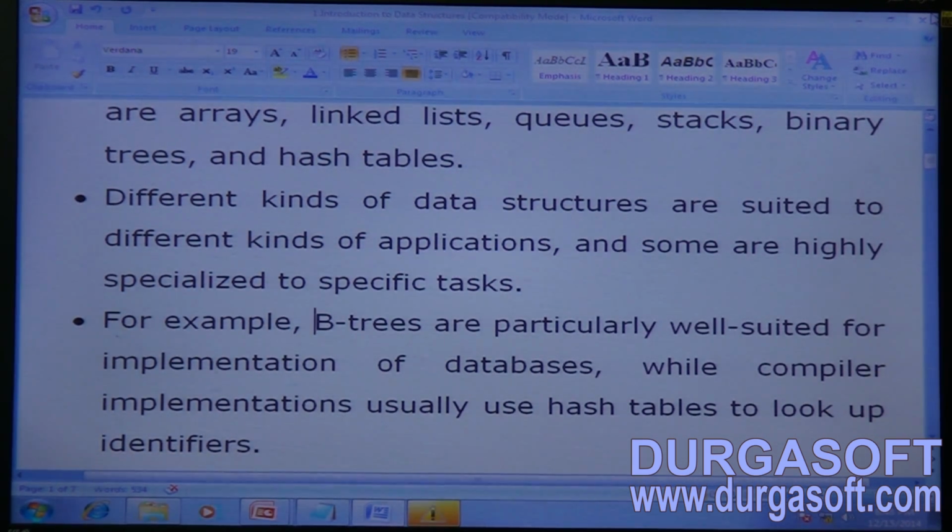Next point. For example, B trees are particularly well suited for implementation of databases.